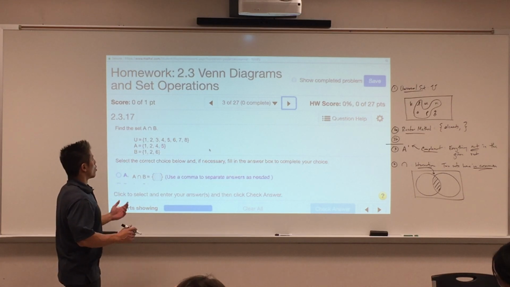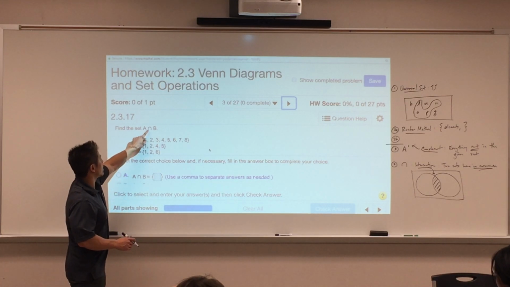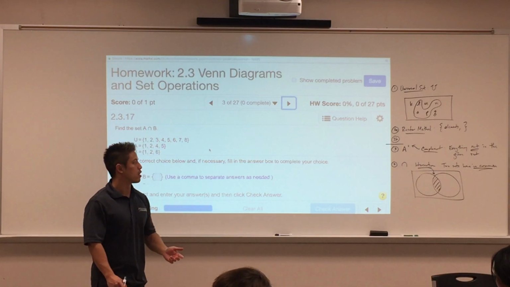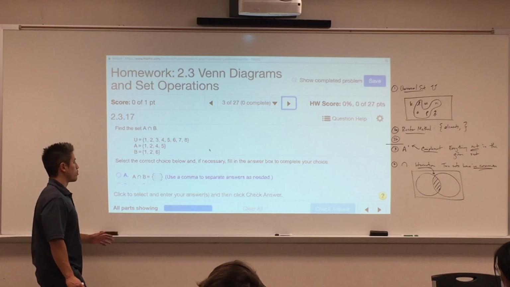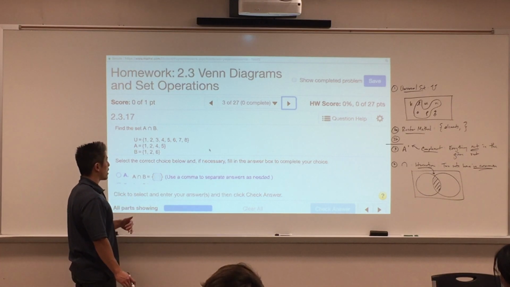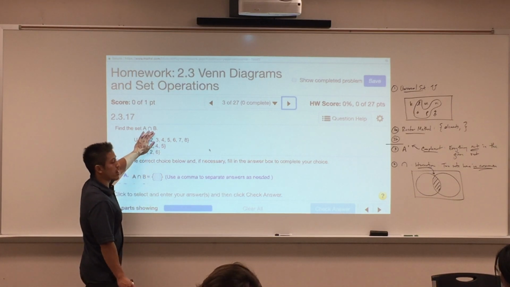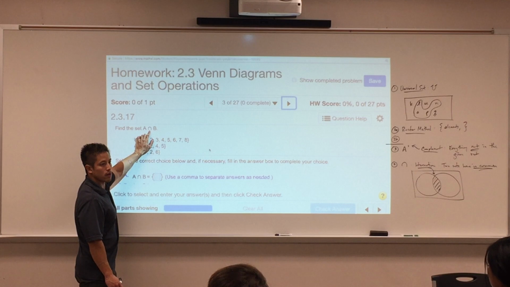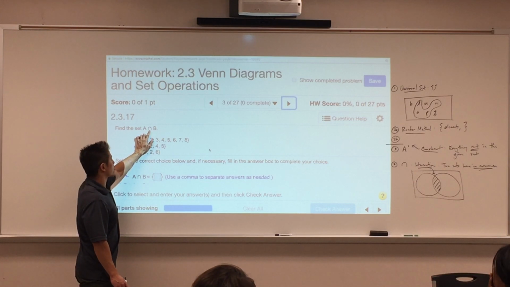And so they're asking for what A intersection B is. These will get more complicated as we go through the section, but they're starting out basic. So what do A and B have in common? If you were to translate this into words, it's asking what is the intersection between A and B?